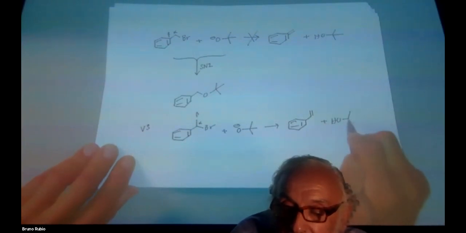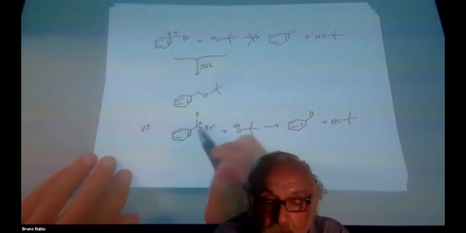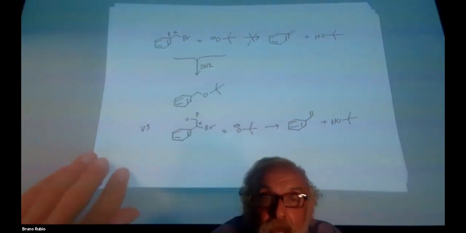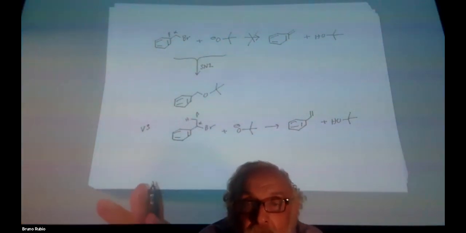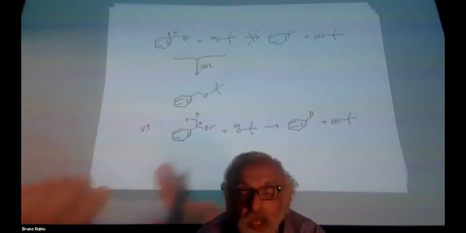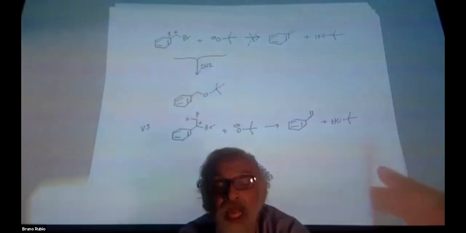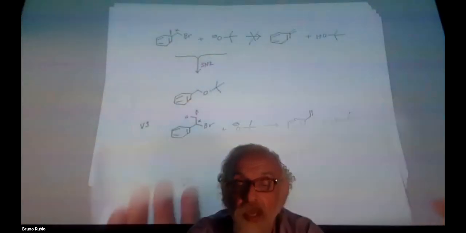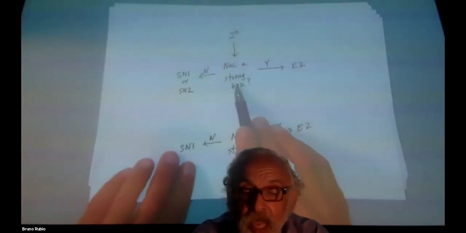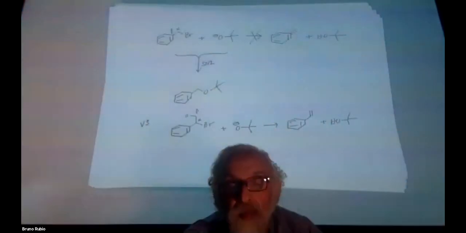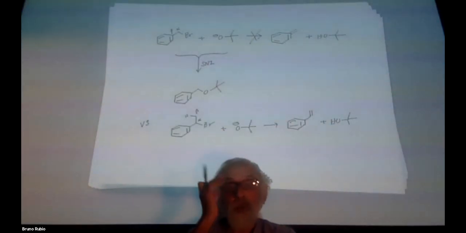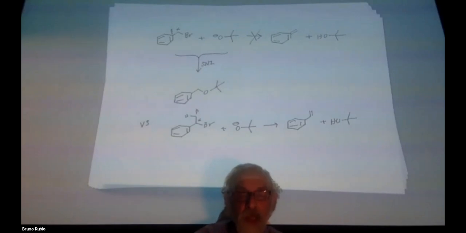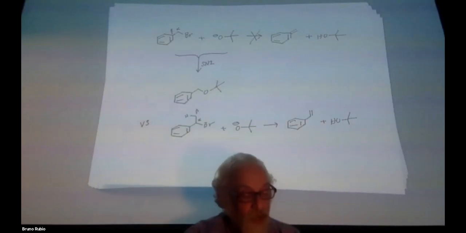Plus, see, elimination can happen because there's a proton over here on the beta carbon, and I'm not getting something with 5 bonds. So this was just a robotic application of this. Secondary substrate, yep. Nucleophile, a strong base, yep, E2. So that flow chart is useful, but you have to be careful how you apply it.